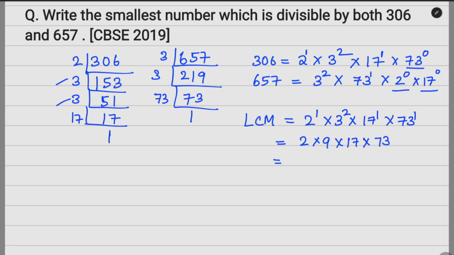you'll be getting 22338. Do comment if you are able to do it. Do the multiplication and let me know what answer you are getting. Let it be a small exercise for you because you'll also have to do it and see.